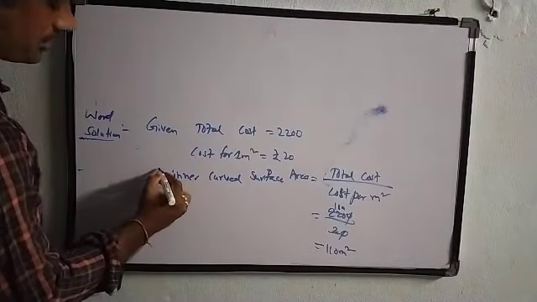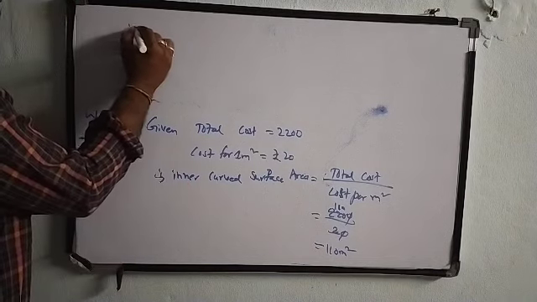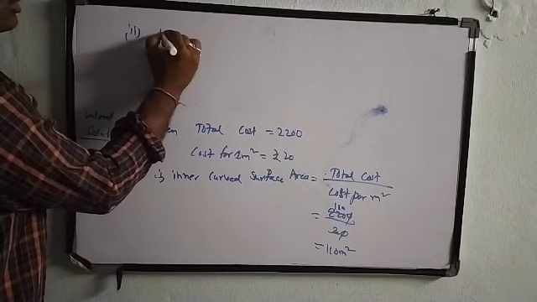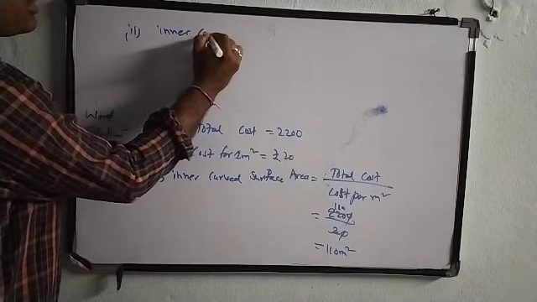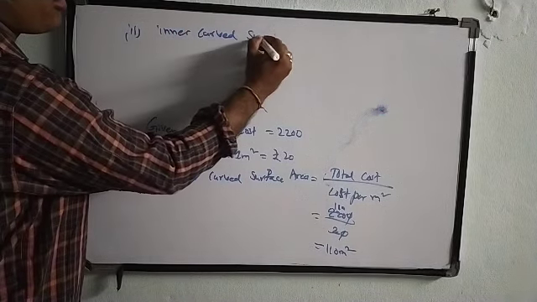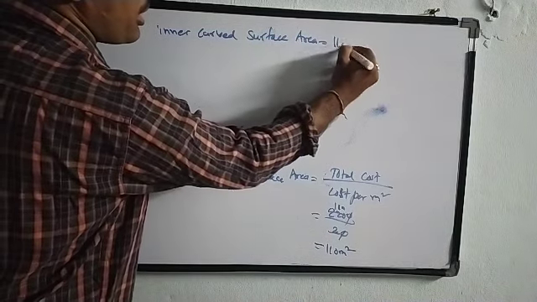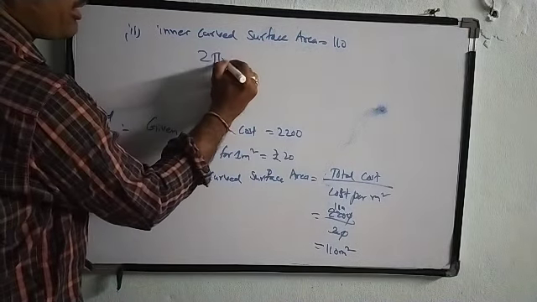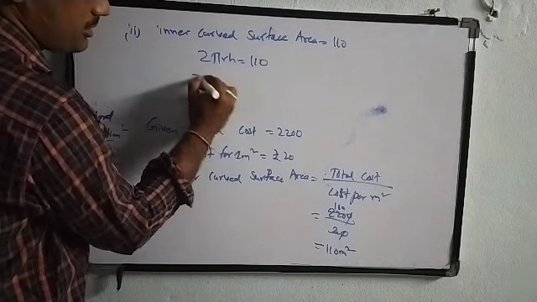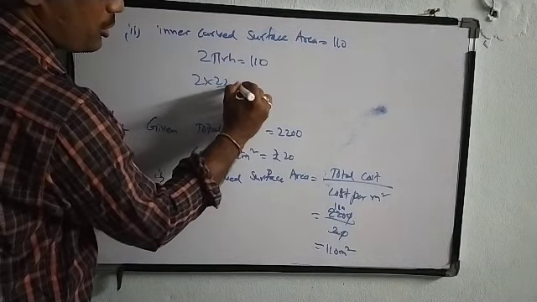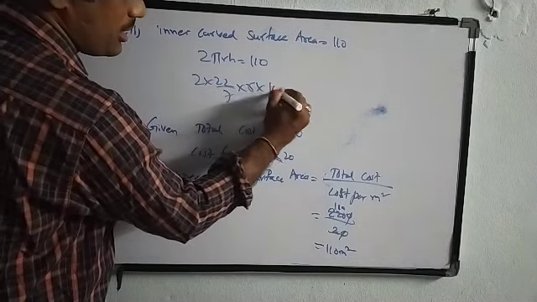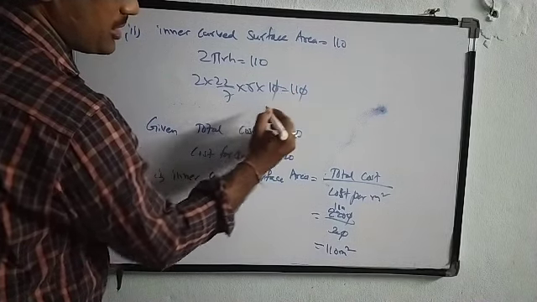So this is the first bit answer. We need to find out the radius. So second bit, radius. In order to get it, inner curved surface area is equal to 110. That is 2 pi RH is equal to 110. So 2 into 22 by 7 into R into 10 is equal to 110. 0 gets cancelled.